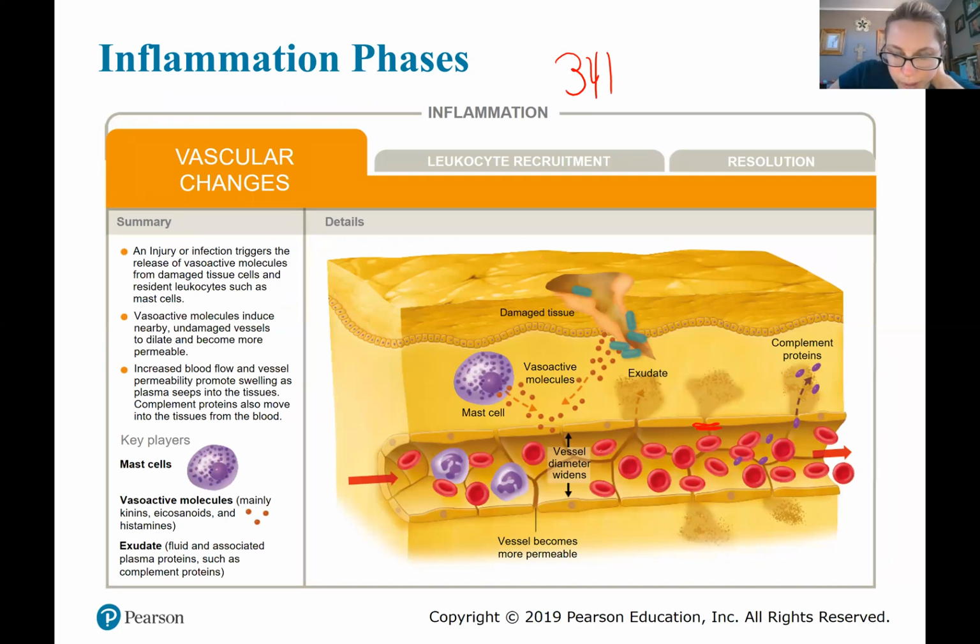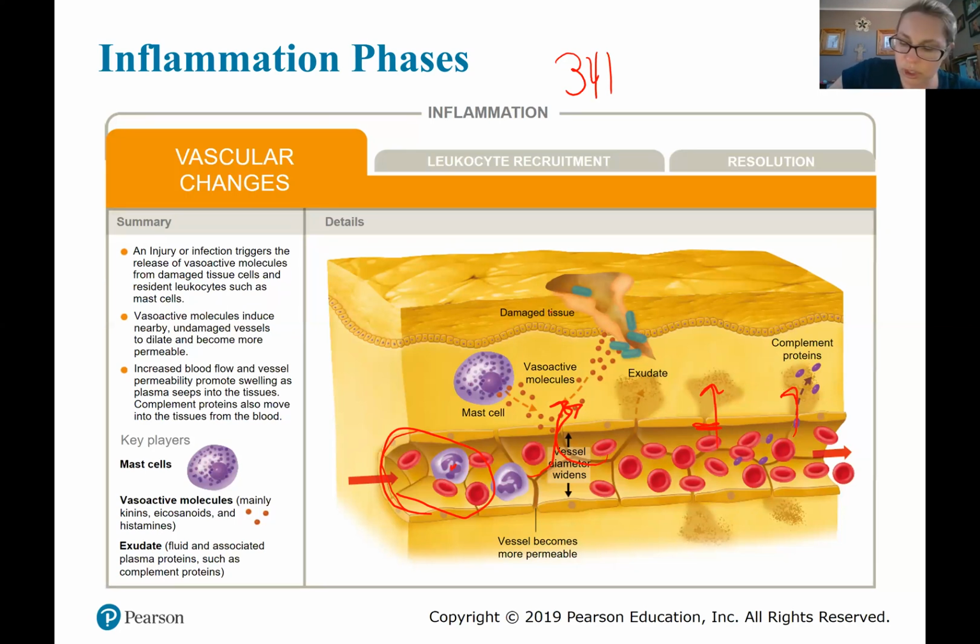So fluid from inside of the capillaries is going to leak out more so than it normally would. With the increase in size and diameter of this blood vessel, you're getting more blood flow, more white blood cells to that area, and you're carrying nutrients and oxygen out with that fluid. So those are the vascular changes.